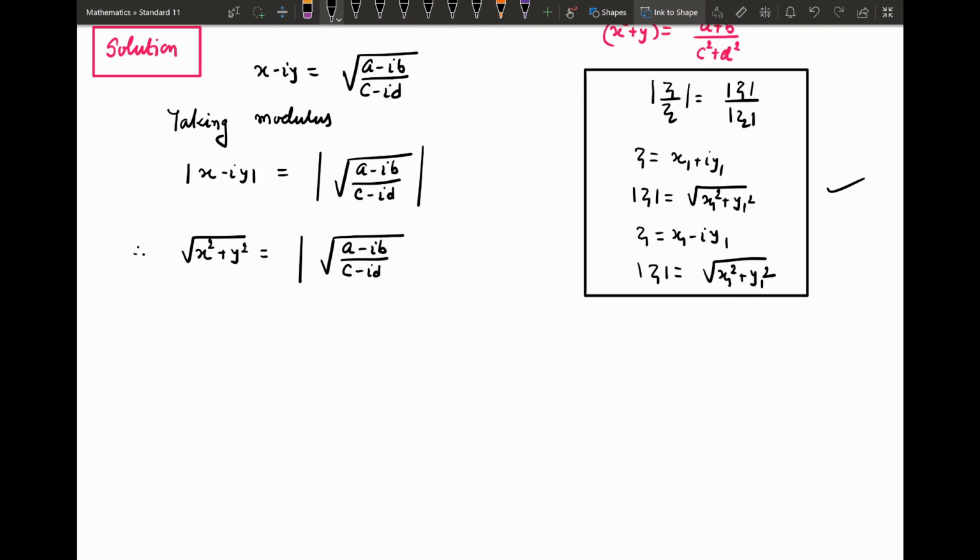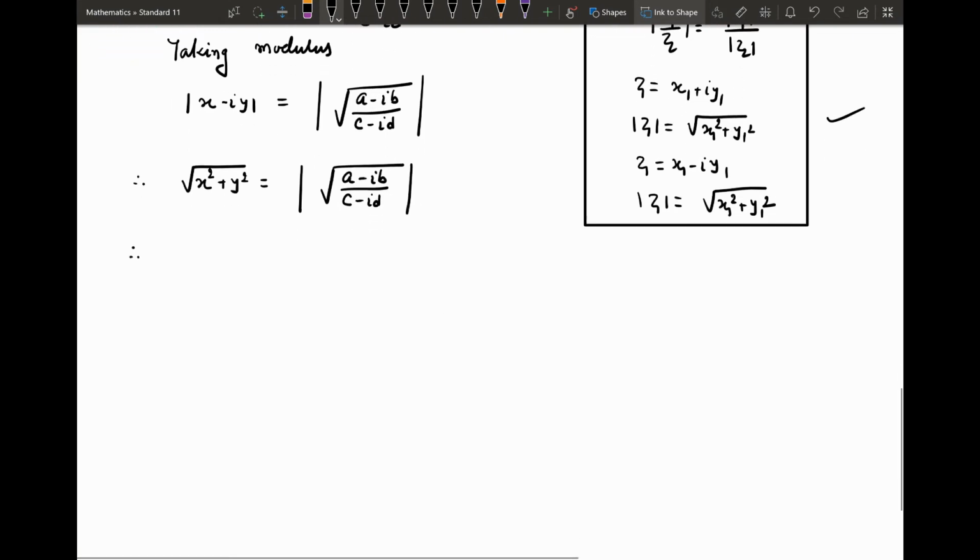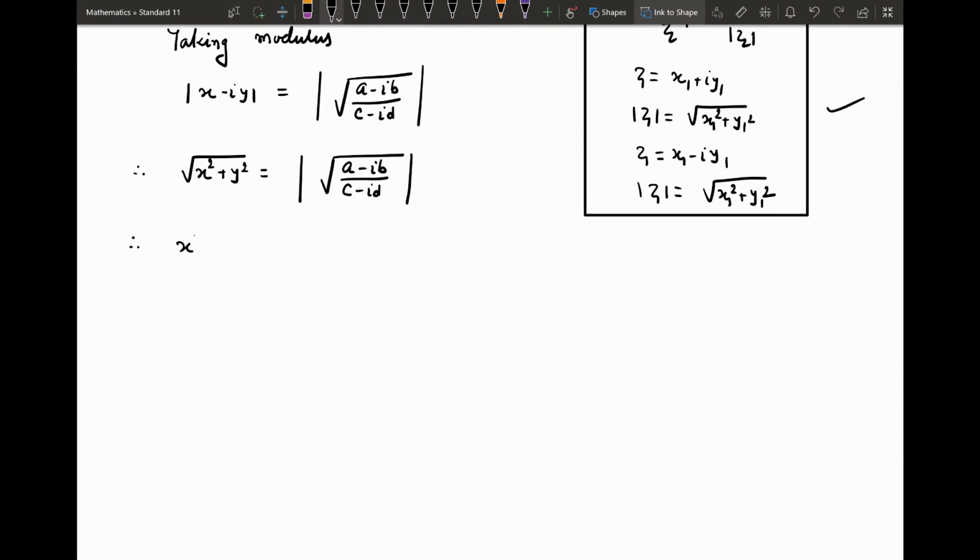upon c minus id. Now squaring both sides, when we take the square, x square plus y square equals, and the square and square root will cancel, so a minus ib upon c minus id, square, then square root, so the square root is cancelled.